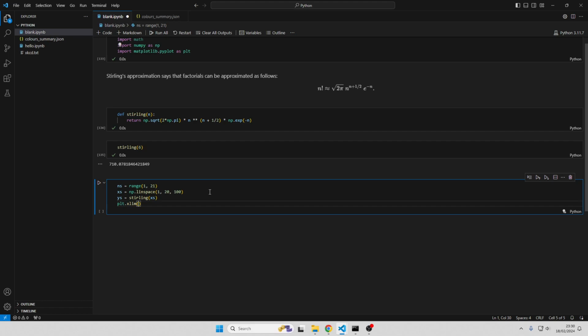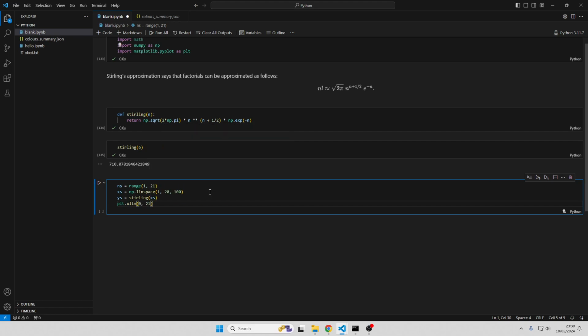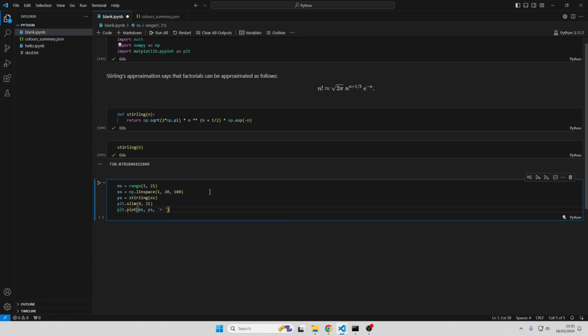We'll plot it from 0 to 21. We'll plot it in red as a continuous line. The Stirling function we plot like that.